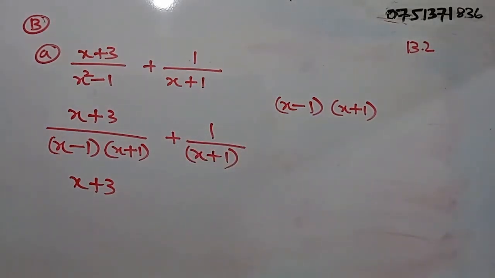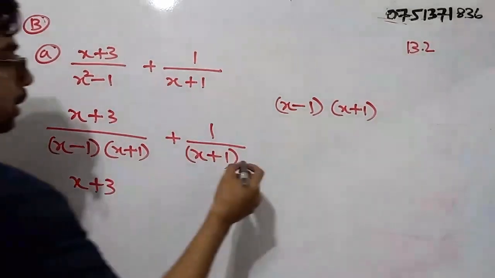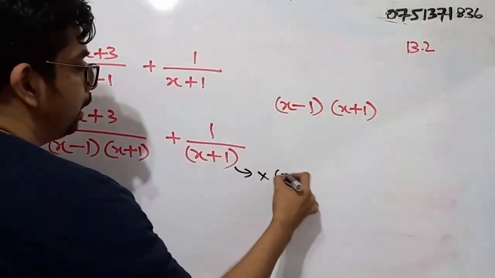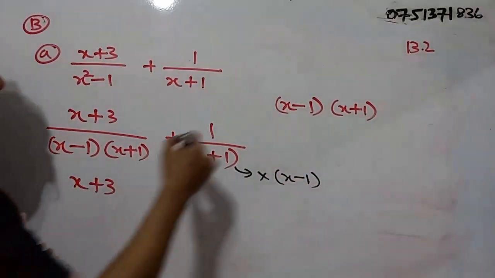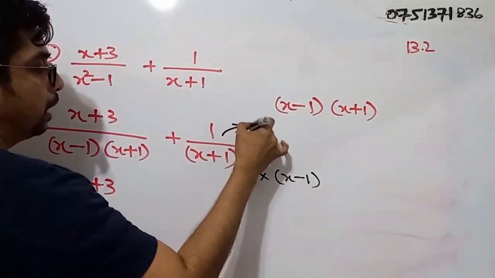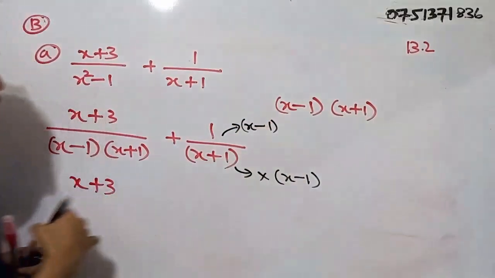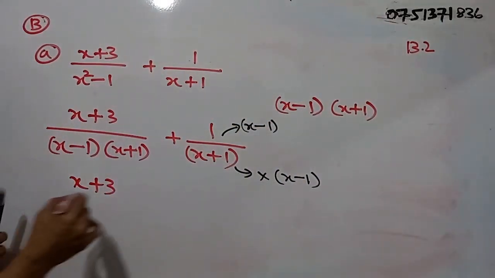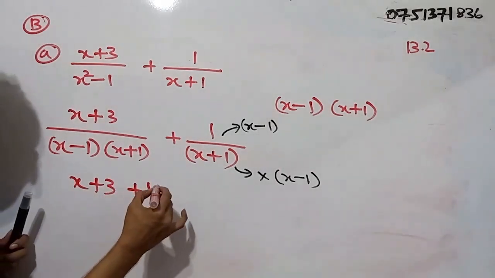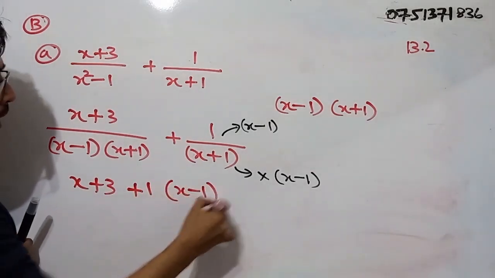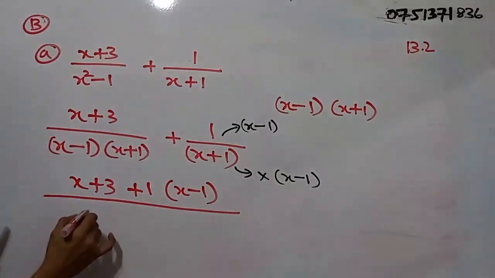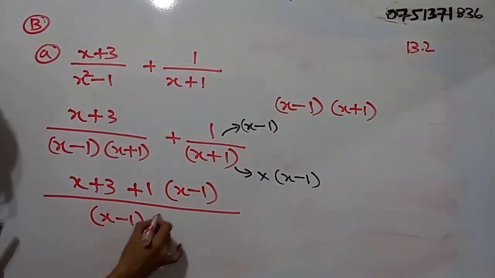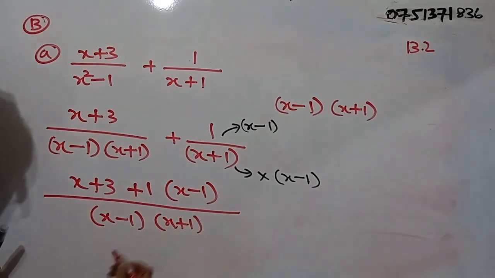There we have to multiply the denominator by x minus 1, which means we need to multiply the numerator by x minus 1 as well. So plus 1 into (x minus 1). Now the entire expression needs to be divided by (x minus 1)(x plus 1).